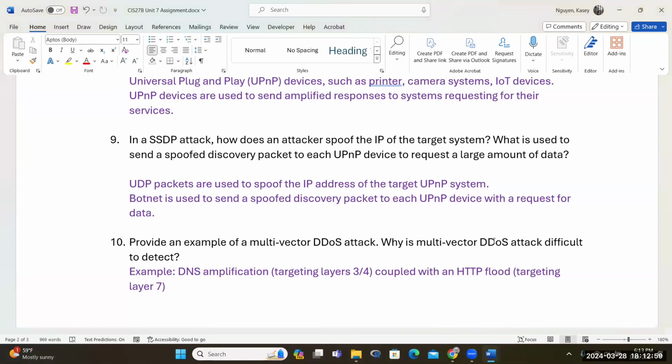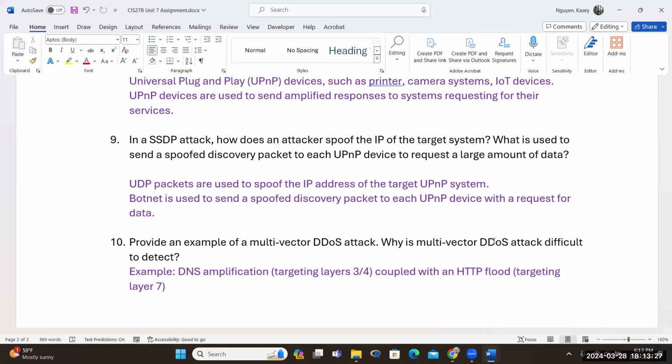And for 10, it asks you to give an example of a multi-vector distributed denial of service attack. Why is multi-vector DDoS difficult to detect? Because it is in multiple layers usually, and they normally couple the attacks. So it's combining one form of DDoS attack with another.